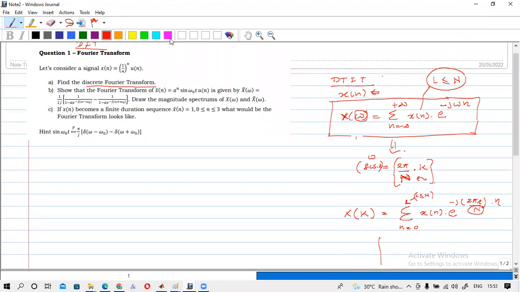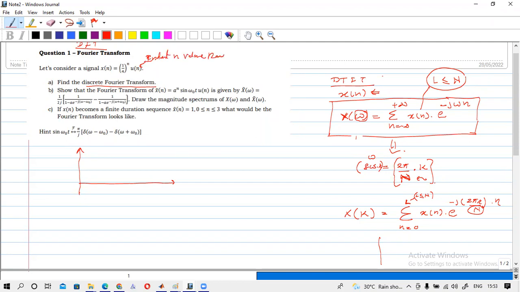We are given a signal x[n], which will look like this. The unit step u[n] gives the region for the n values, indicating the n value range.